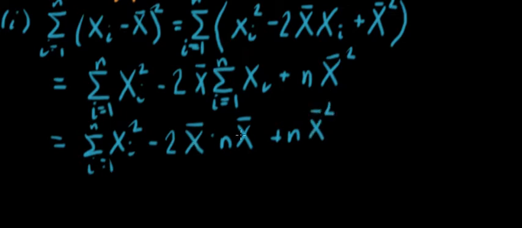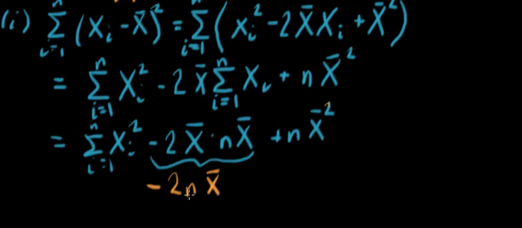We have an X bar times an X bar, so this is minus 2 n X bar squared, and that is a 2 up there.